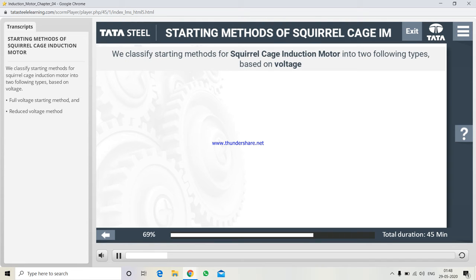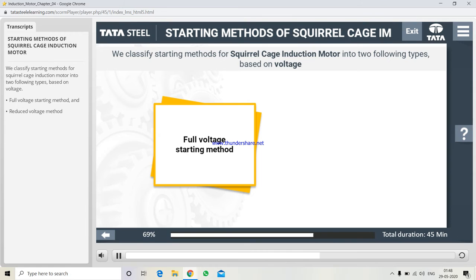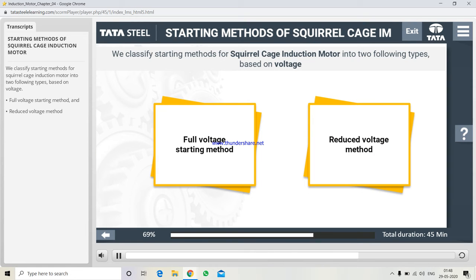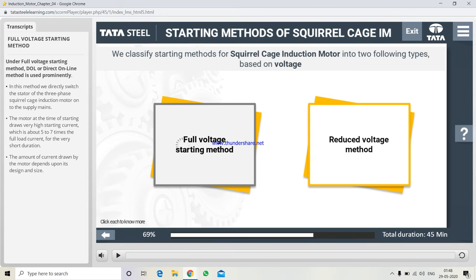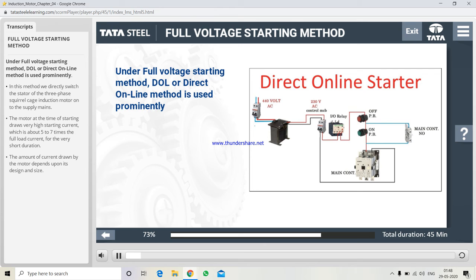We classify starting methods for squirrel cage induction motor into two following types based on voltage. 1. Full voltage starting method and 2. Reduced voltage method. Click each to know more. Under the full voltage starting method, DOL or direct online method is used prominently.